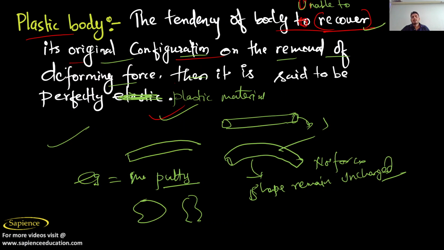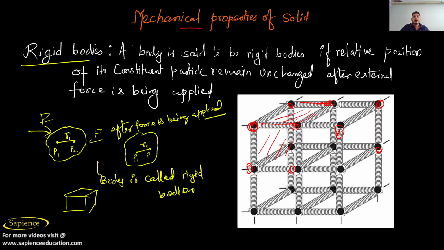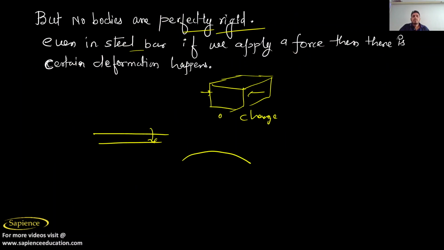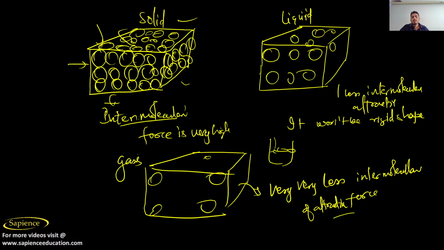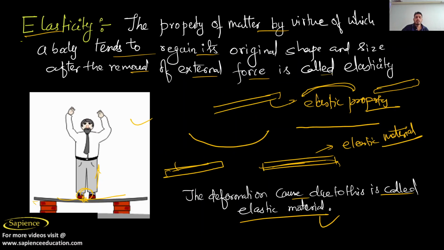Now I hope you have understood. Now I'm just revising it. Try to understand. This is your mechanical properties chapter, in which we have studied rigid bodies. Then solid, liquid and gas, the differences between them on the basis of intermolecular force of attraction as well as the placing of atoms. And no bodies are perfectly rigid. Now what is elasticity?